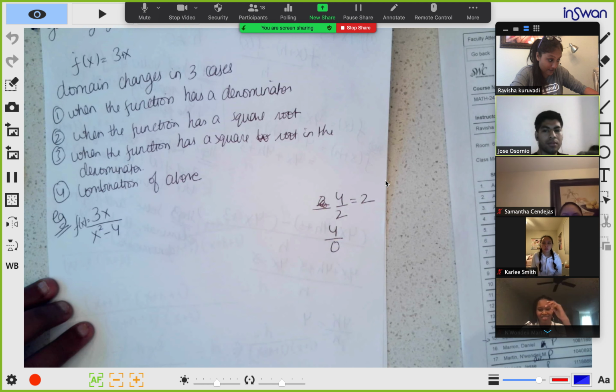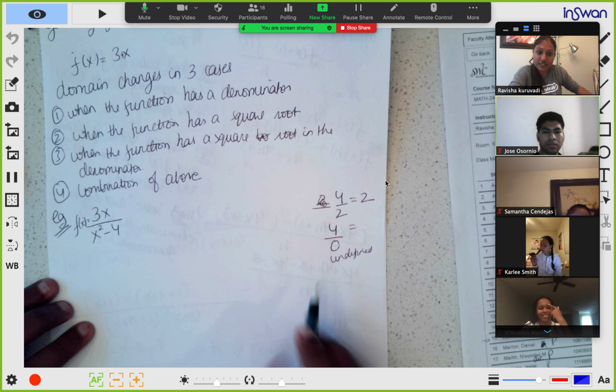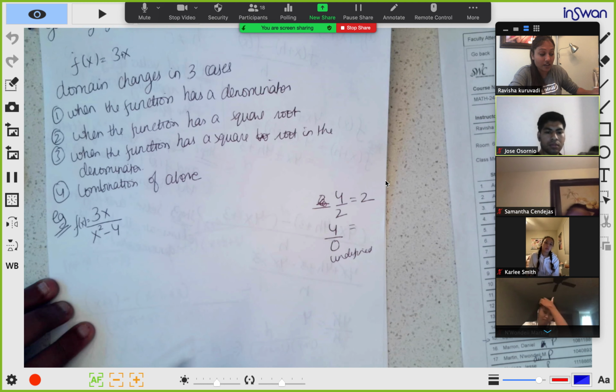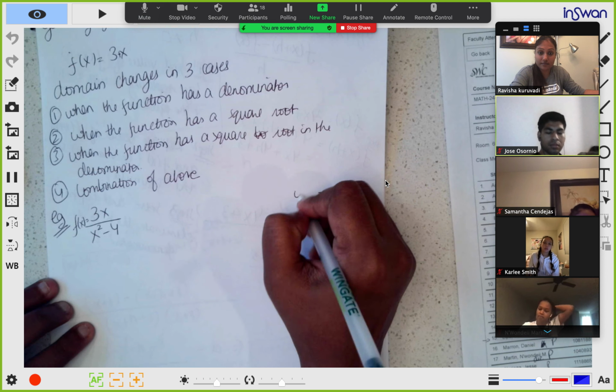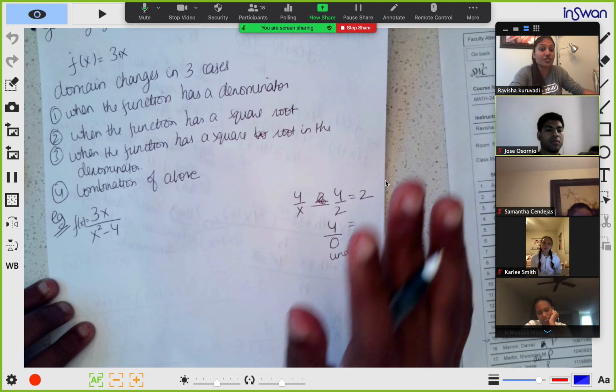Undefined. See, when I put my denominator as 0, my function is not defined. I told you we will only take x values for which my function is defined. So if my function is 4 over x, I cannot take x values for which my function is not defined.